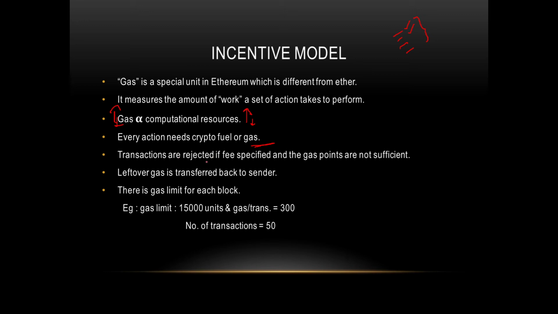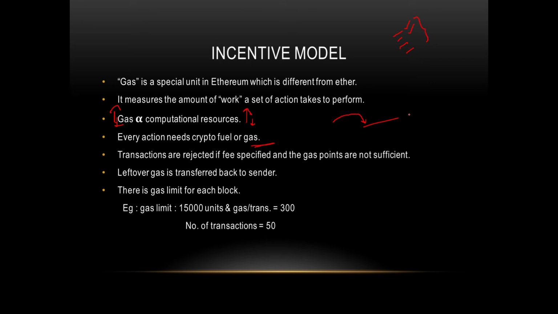Transactions are rejected if the fees specified, the gas points, are not sufficient. So obviously a transaction will be rejected if the fee specified for it is not sufficient. Firstly the miner will validate how much computational power is needed for it. Then he'll check it against the gas.